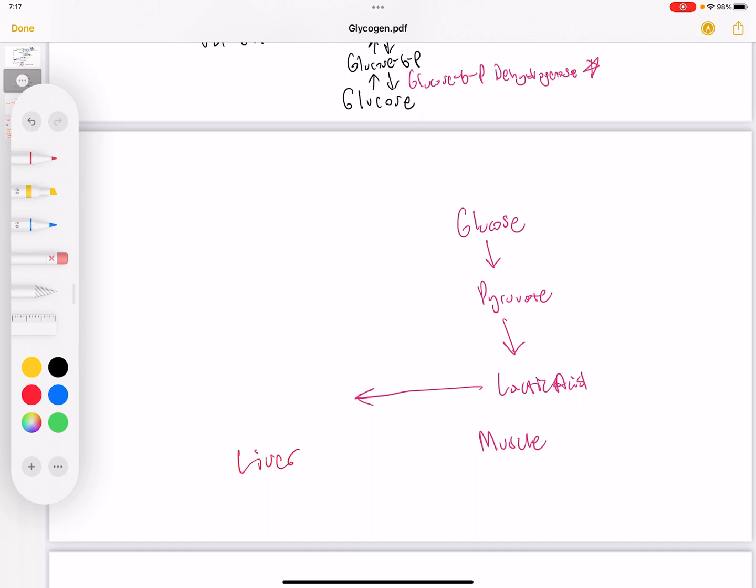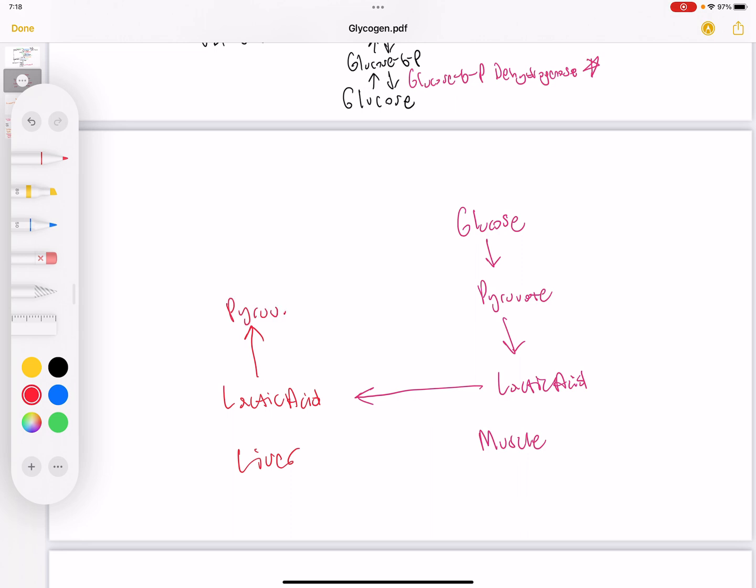Let's draw this lactic acid here. Then lactic acid can enter the gluconeogenic pathway to produce ultimately glucose. If there is a deficiency in glucose 6-phosphate dehydrogenase enzyme, then we won't get this step. And if we don't get that step, then we will have a buildup of lactic acid, which can put patients at a risk for lactic acidosis.